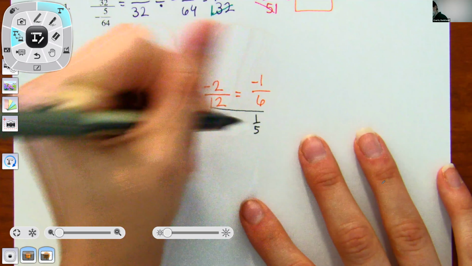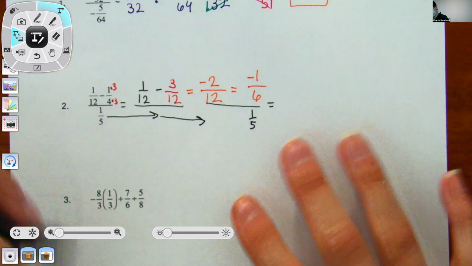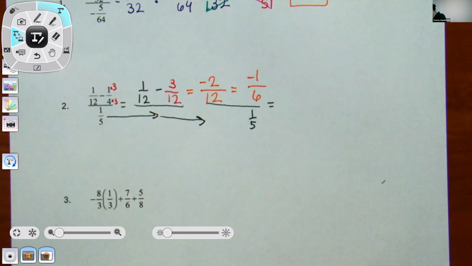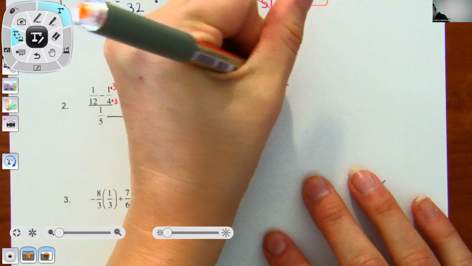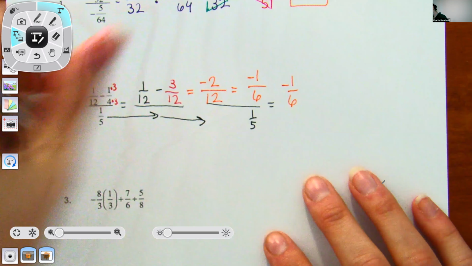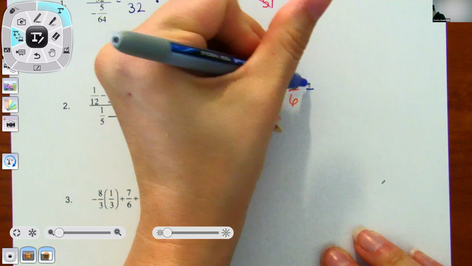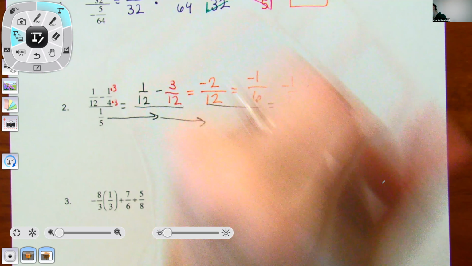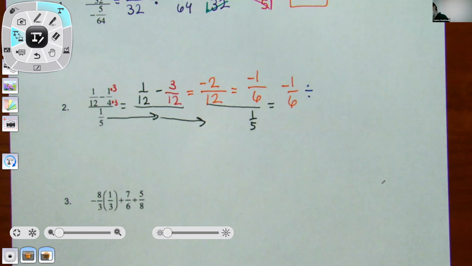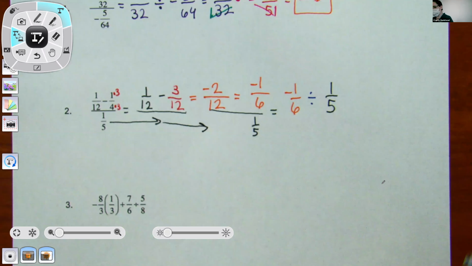So -1/6 over 1/5. We can rewrite that as -1/6 divided by 1/5. And then when you divide by a fraction, you have to flip the second one and multiply.